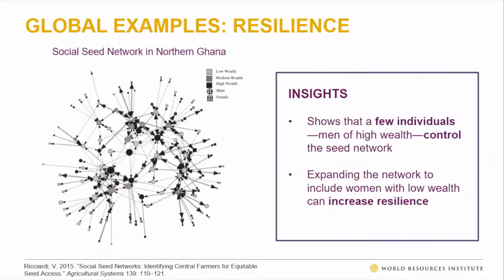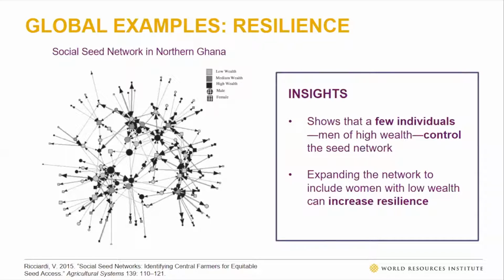So you can see from here the circles are the males, squares are female, and the darker color is high wealth to the lighter color, which is low wealth. So you can see from this social network analysis that a few individuals, for example, men of high wealth, tend to control the seed network. They're in the center. You can see a lot of circles in the center.